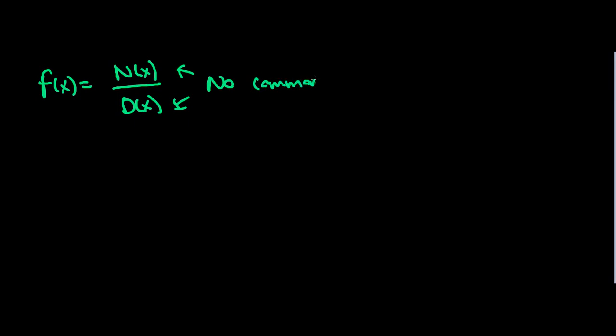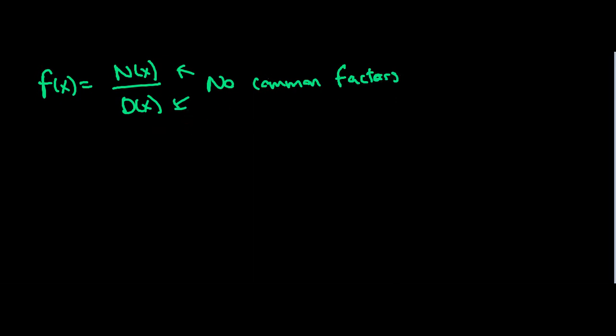When we have a rational function n of x divided by d of x, some function in the numerator and some function in the denominator, we simplify it until there are no common factors between these, and it's as reduced as it can be.